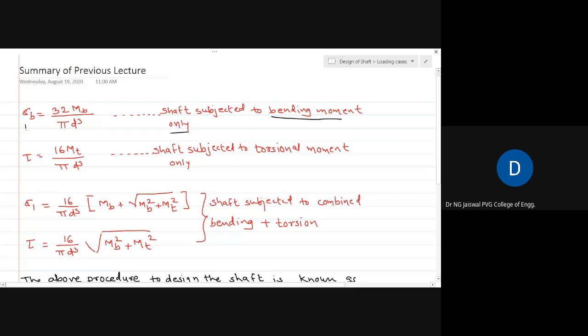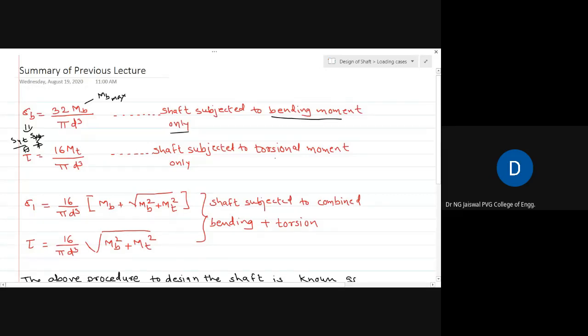We equate this sigma b to the permissible, given by SYT by factor of safety, equal to 32 Mb divided by pi d cube. Mb is the bending moment, always the maximum bending moment wherever it occurs, which you have to find out. Once we put that into this equation, we get d, the unknown. This way we can find the shaft diameter.